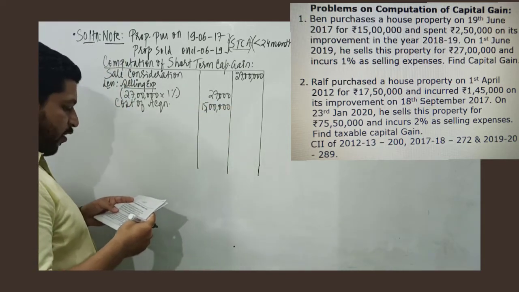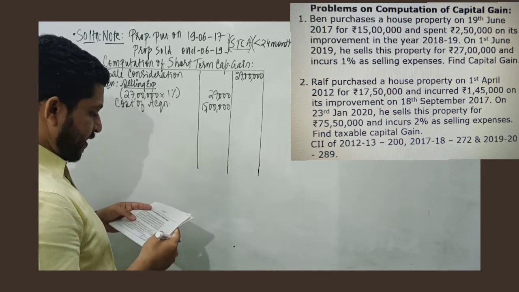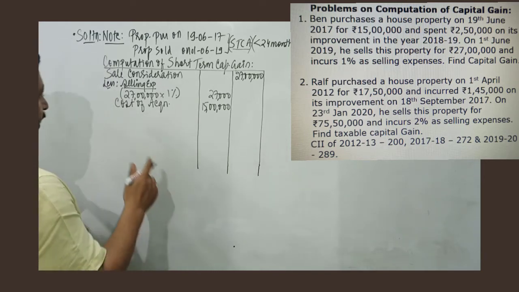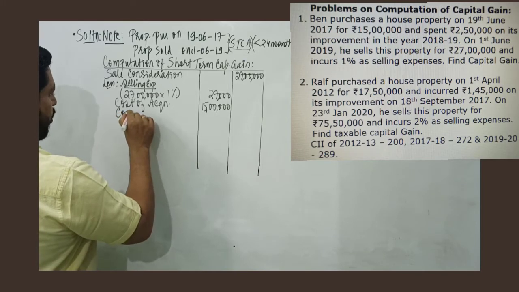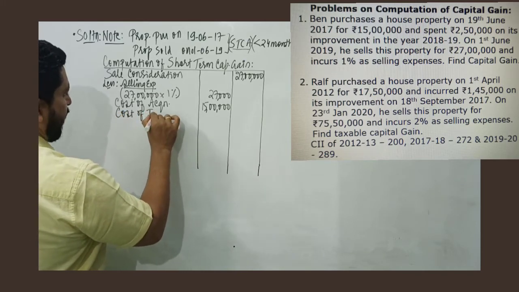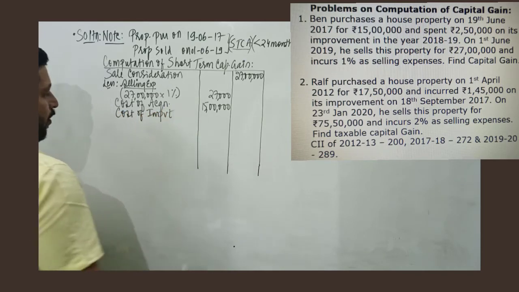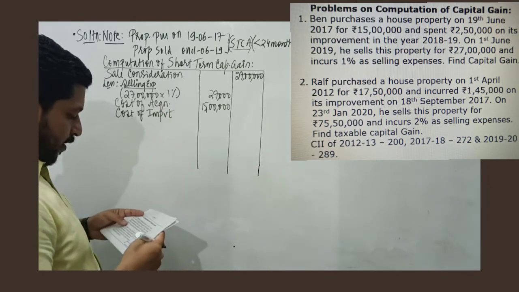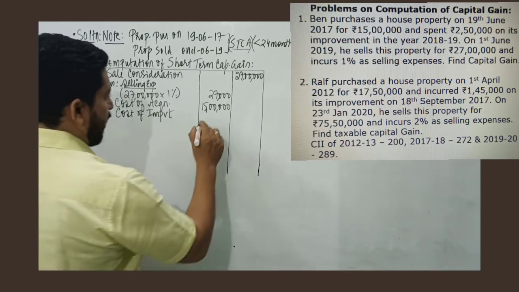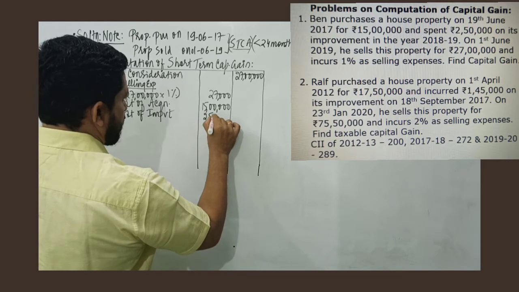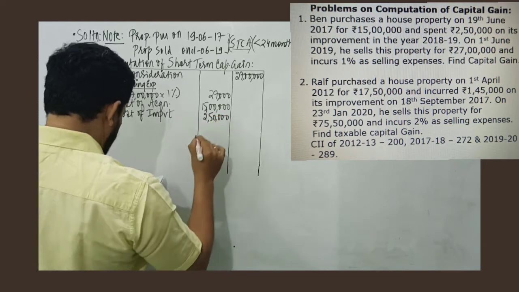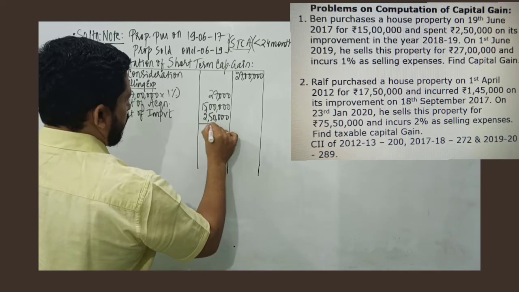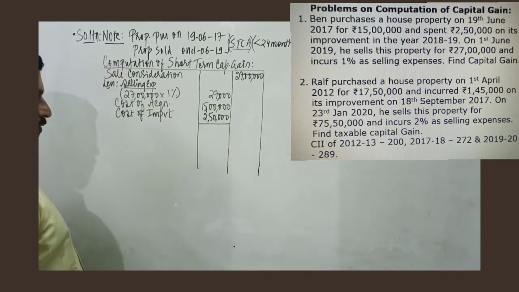Then, he spent rupees 2,50,000 on its improvement in the year 18-19. So, next amount would be cost of improvement. Again, indexation is not there because it's a short-term capital asset. And the cost of improvement amount is 2,50,000.